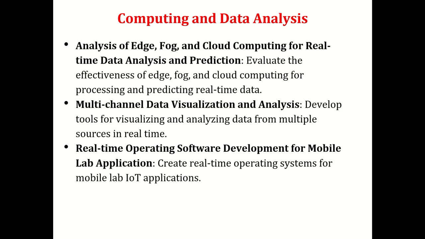Let us look at the computing and data analysis. When I talked about the IoT ecosystem, the computation could be at the edge level, the fog level, or the cloud level. So one has to take up an application where you prove the performance of the system: what is the model you have selected, and when that model is running on the edge side, fog side and cloud side, what are the issues?